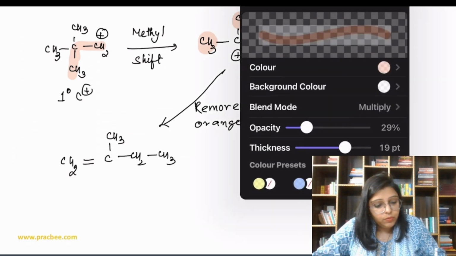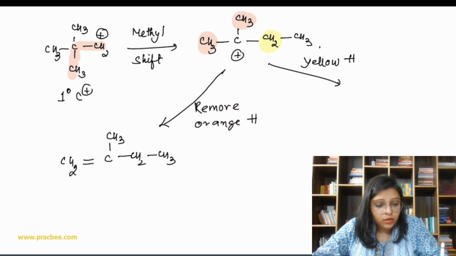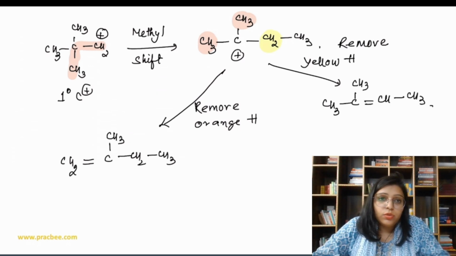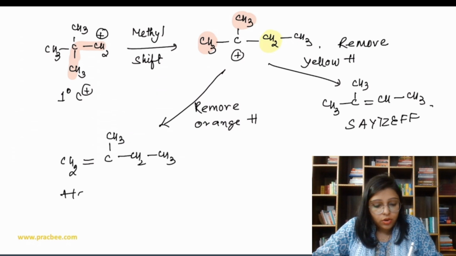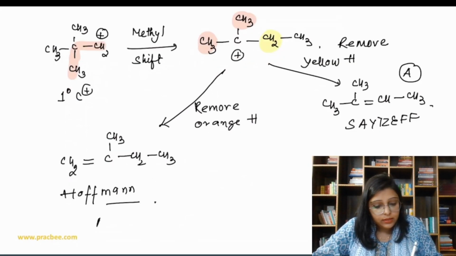And on eliminating yellow hydrogen, we get CH3, CH3, double bond CH and CH3. So which is Saytzeff? Obviously the more alkylated one is the Saytzeff one, and this is the Hofmann one. That's it. So A is the Saytzeff, and this is going to be B.